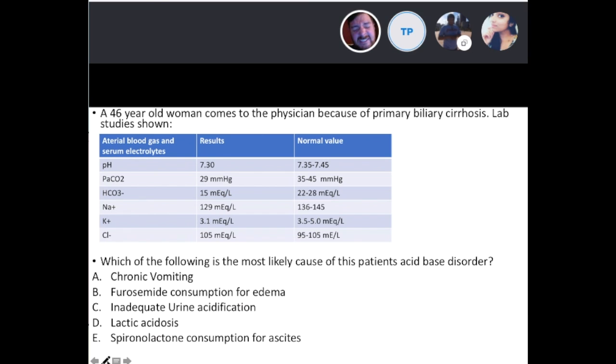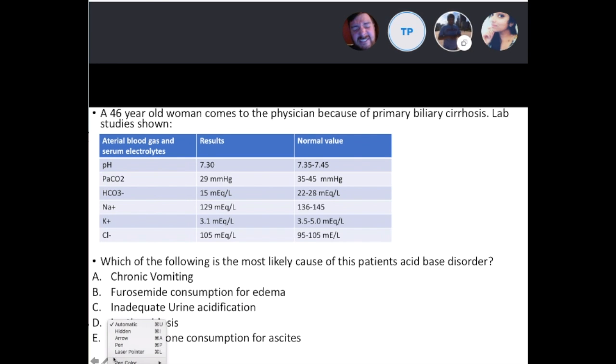So it's not A, it's not C, it's not D. Spironolactone is one of the S's. Furosemide, that's primary biliary cirrhosis. Now diuretics cause alkalosis, so I would go with E, I guess.